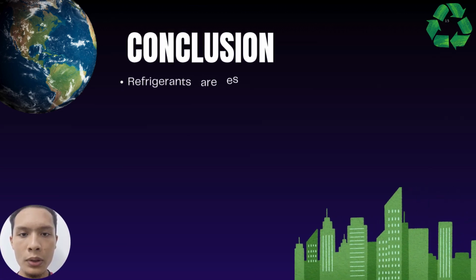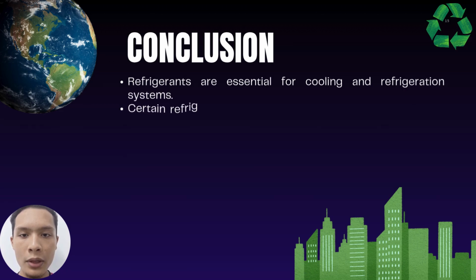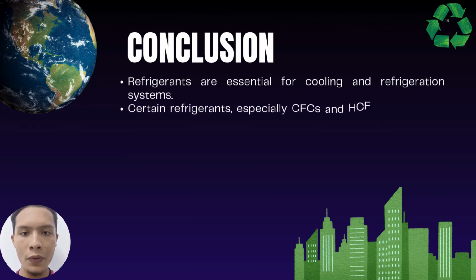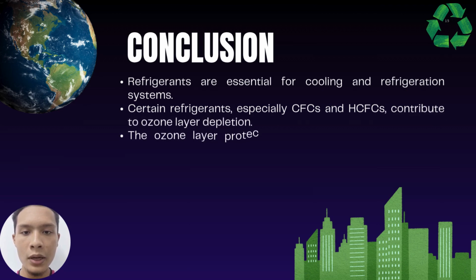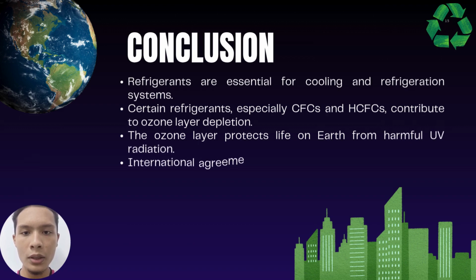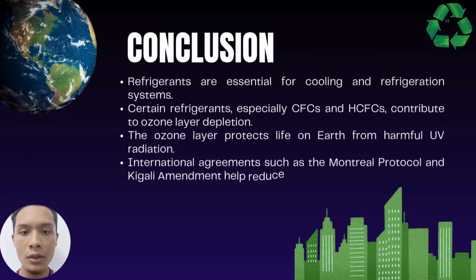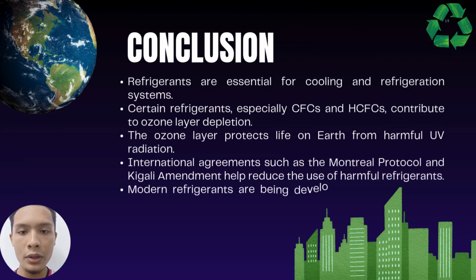Finally, to conclude, refrigerants play an essential role in modern cooling and refrigeration systems. However, some older refrigerants, particularly CFCs and HCFCs, were found to contribute significantly to ozone layer depletion. As we learned, the ozone layer is crucial because it protects life on Earth from harmful ultraviolet radiation.